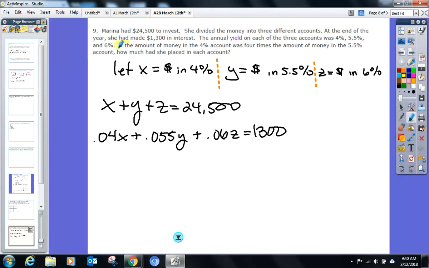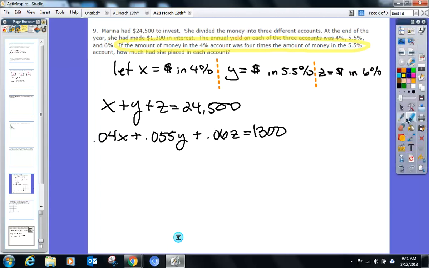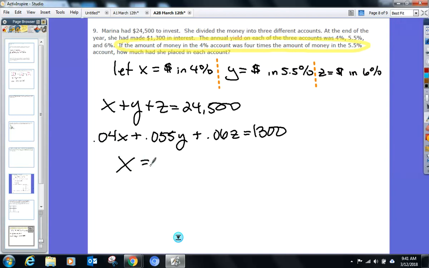The amount in the 4% account was 4 times the amount in the 5.5%. What do we call the 4%? X. And that's equal to 4 times the amount in the 5.5. So X equals 4Y.